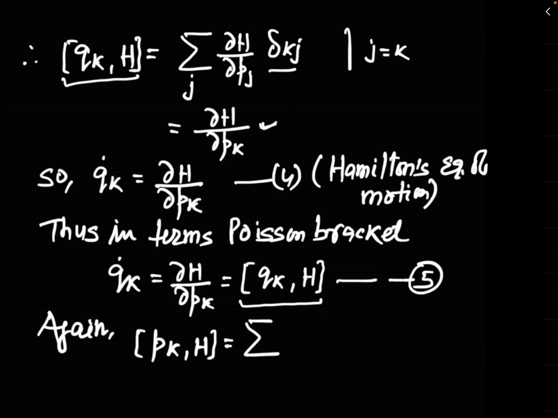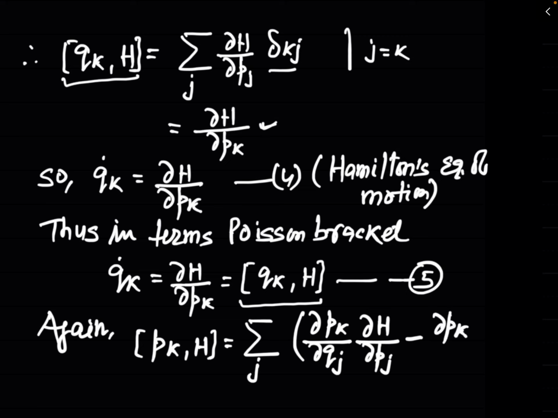From the definition of Poisson bracket, you may now write it as summation over J del Pk by del Qj times del H by del pj, and minus del pk by del pj times del h by del qj. This is just the definition of Poisson bracket.